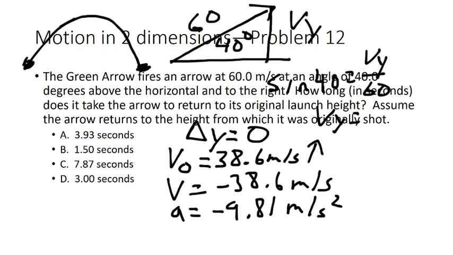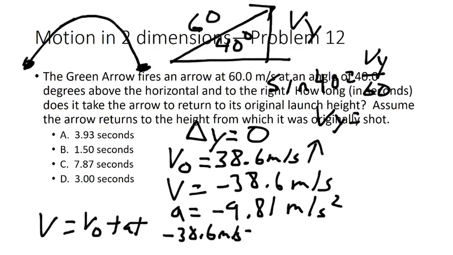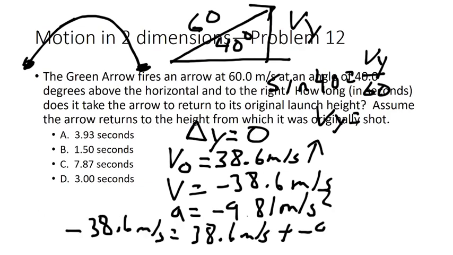So the easiest way to solve for time is going to be to use this kinematic equation, V equals V0 plus at, which in this case is going to be negative 38.6 equals 38.6, the initial velocity, plus the acceleration times the time.